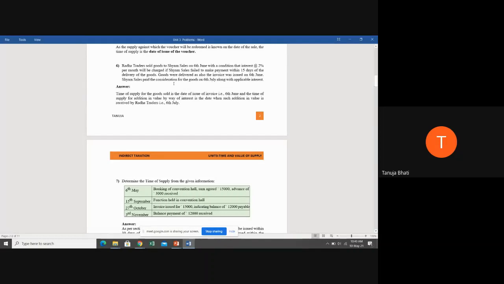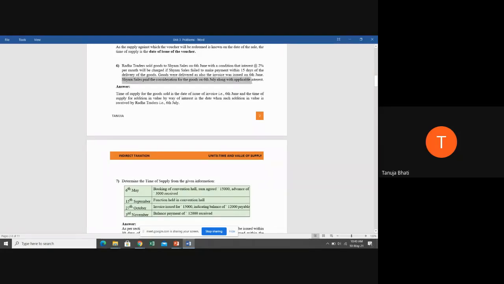So students, date of issue of invoice is 6th June. Now what is the date on which the invoice ought to have been issued as per section 31? If the goods were delivered, it is the date on which the goods are delivered, so that is again 6th June. So you have to compare 6th June, and the second date is the date of receipt of payment.